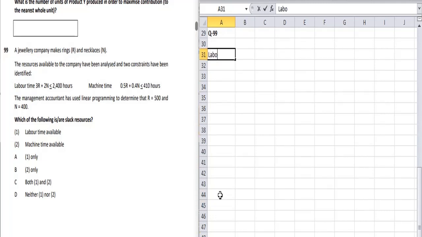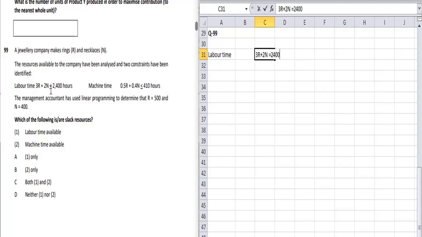So first is labor time, right? The constraint is 3r plus 2n, and I'm converting it into an equation. Be careful: if there is a greater-or-equal sign, it's a constraint, and if you only put an equal sign, this is the equation.